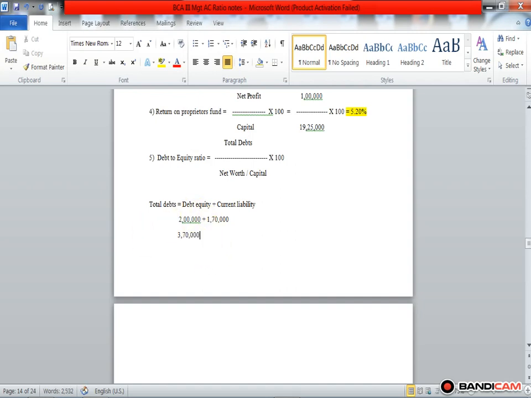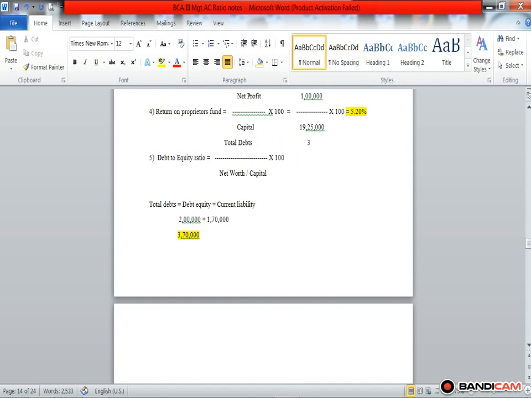Okay, so put this figure in the formula. Here we get a total debt, and net worth or capital is also given in the problem, that is 19 lakh 25,000.